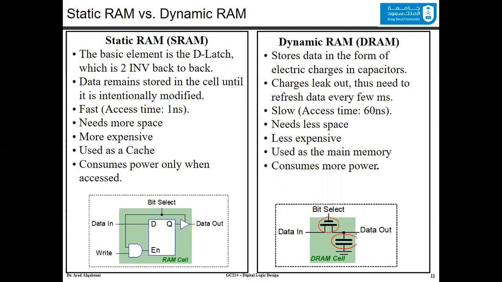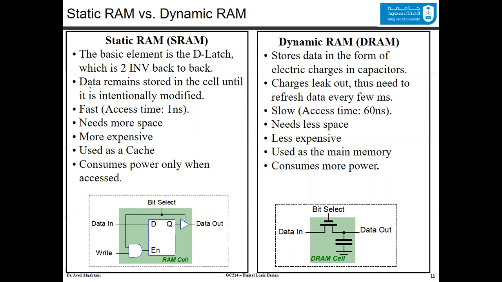And similar to the SRAM, we could also have a tri-state buffer to control the output. As you can see, we would have many components in the SRAM, but here in the DRAM we have only a capacitor controlled by a single transistor.